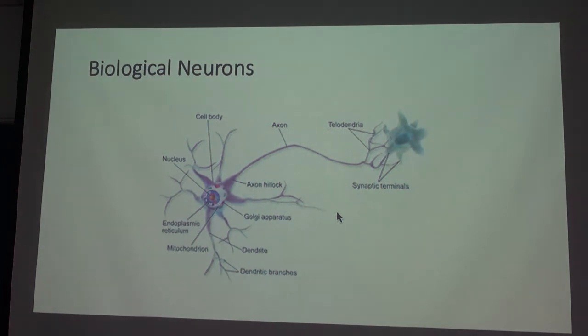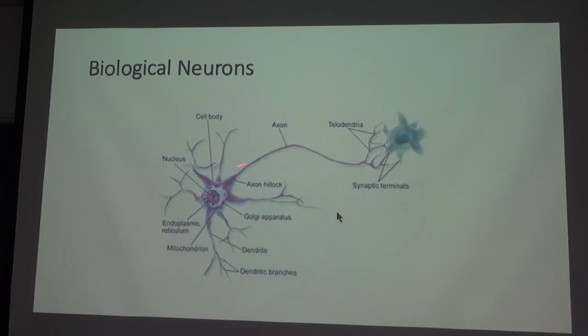After this little bit of history, let's first look at the very beginning, the root of the ANN, which is the biological neuron. What does it look like? You can see we have a cell.